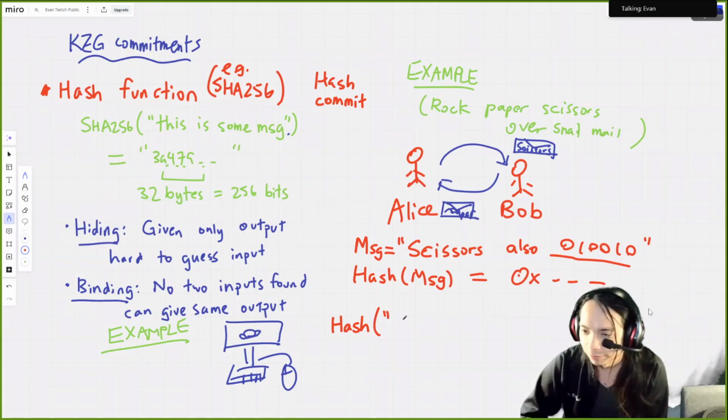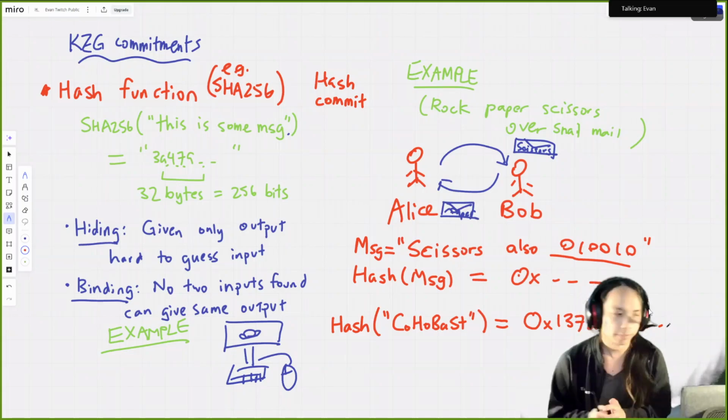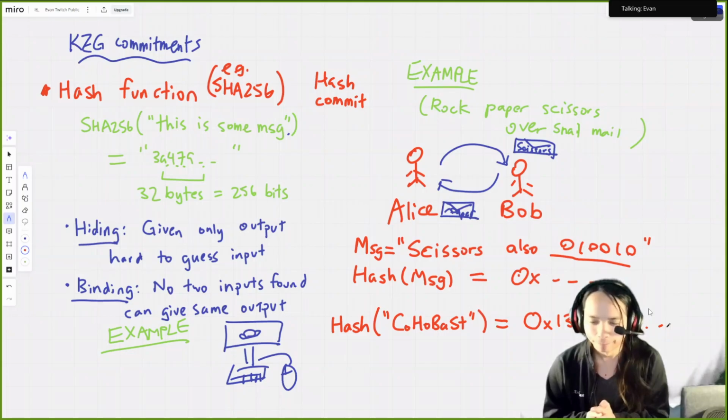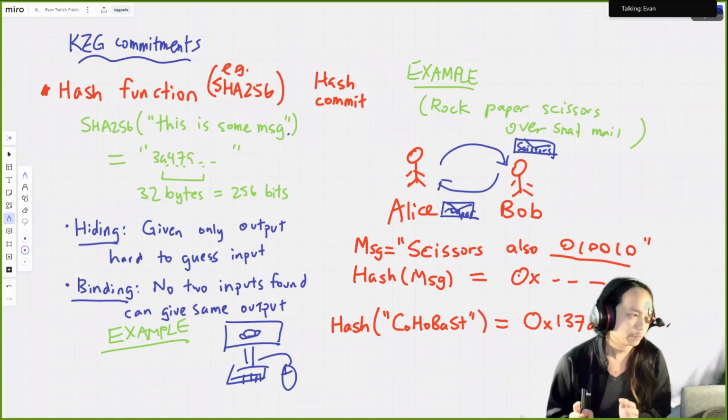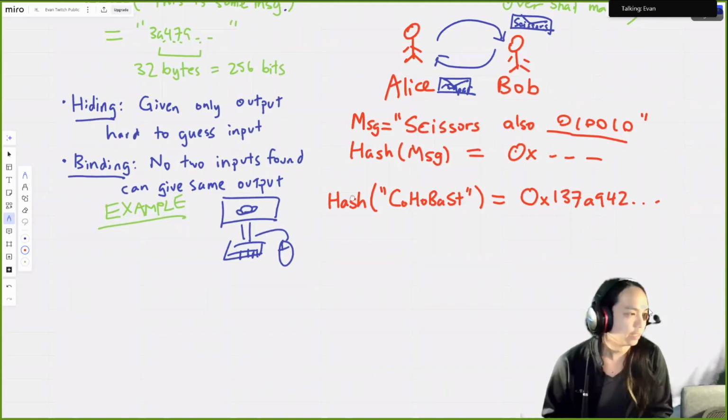So if your password was say correct horse battery staple, you store a hash of this password instead, and then this is some string like 137A94. So it's some 32-bit string. And this way, if someone finds the server and can read all the memory in it, they can't learn any of the passwords because all they can see is the hash of the password.